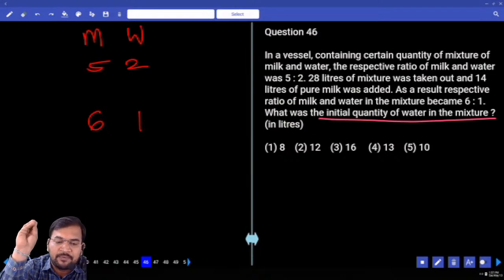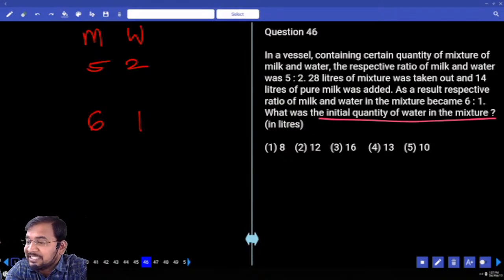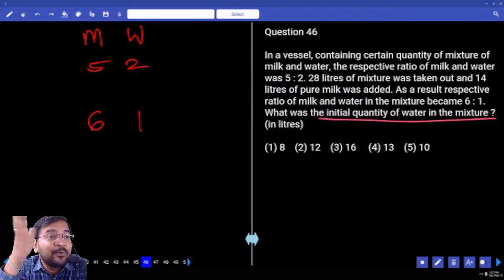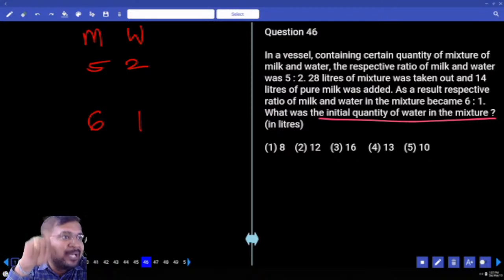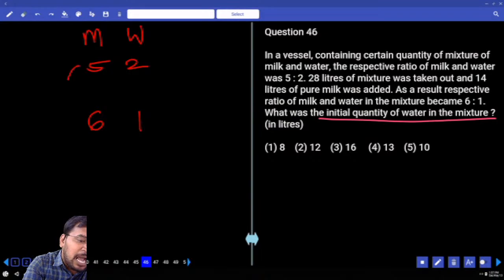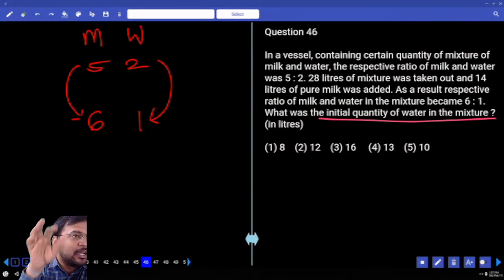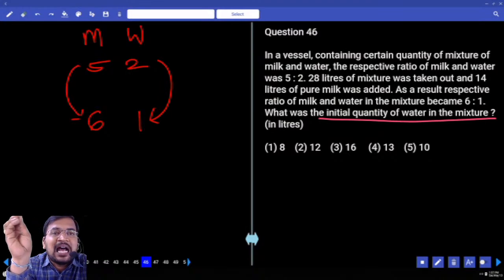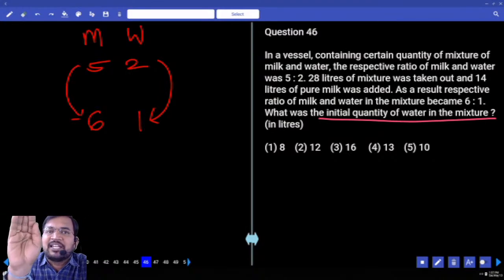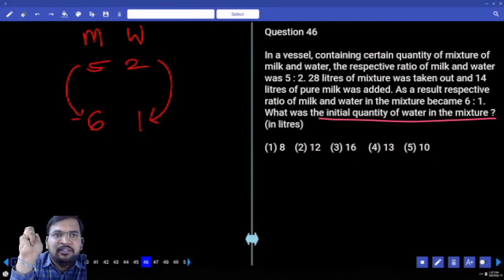Here, if you observe carefully, how many liters of milk is added? 14 liters, na? Yes or no? But you are not adding any water. You are adding milk only. So, how many parts increase? Here, how many parts decrease? 1 part. Therefore, the initial quantity of water is very near to 14.